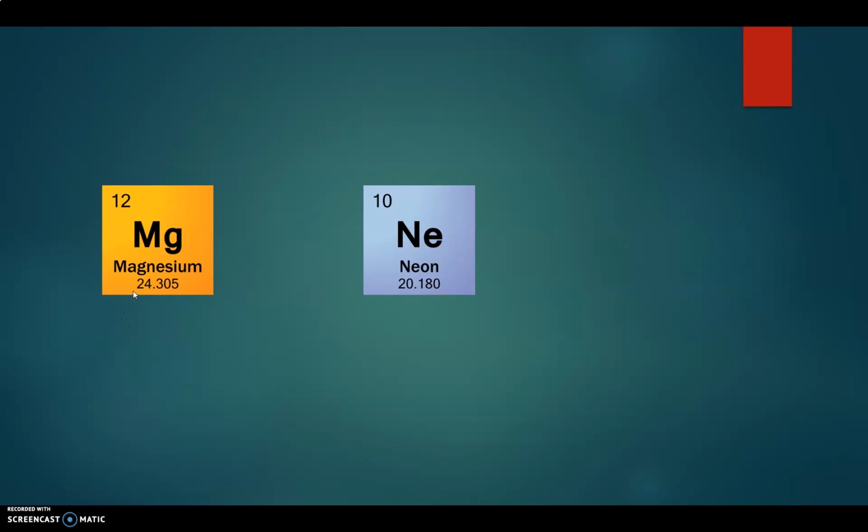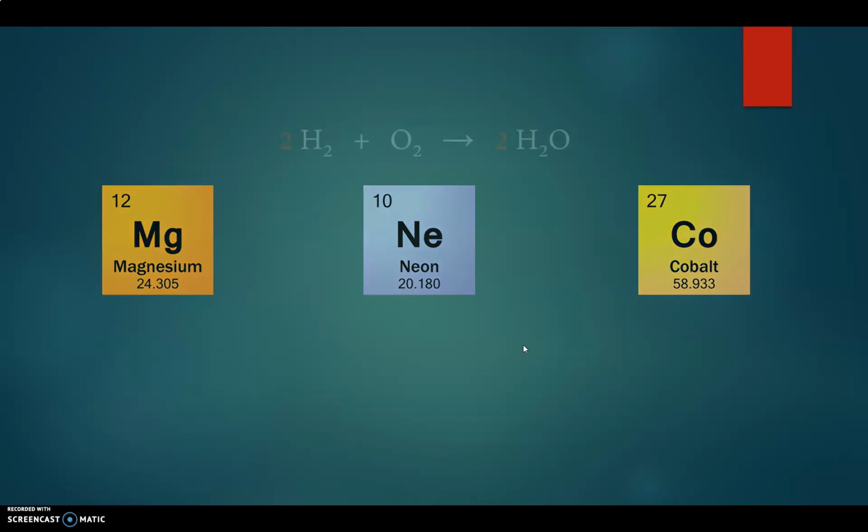An atom of magnesium, 24.305 AMUs. An entire mole of magnesium, 24.305 grams. And the same thing is true with cobalt. 58.933 AMUs in an atom, 58.933 grams in a mole.